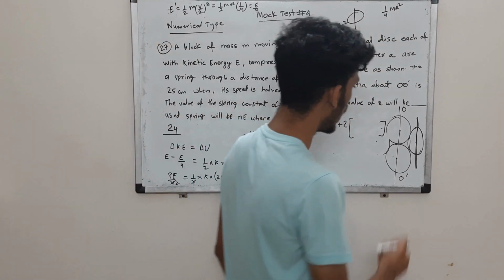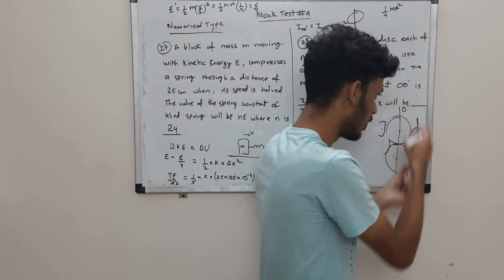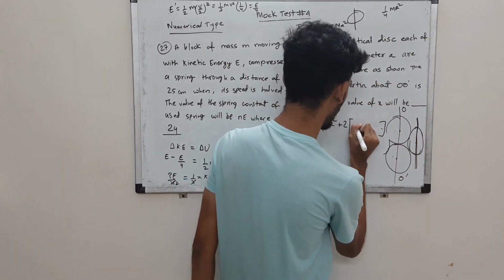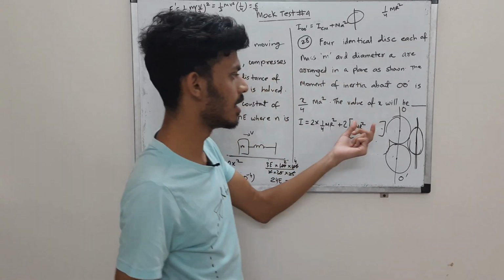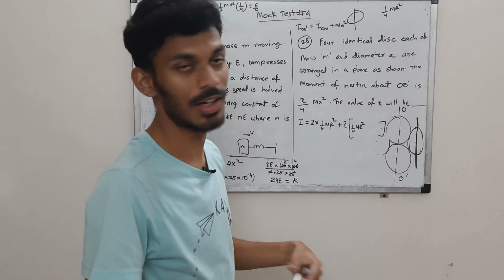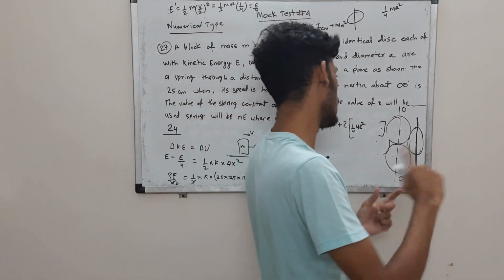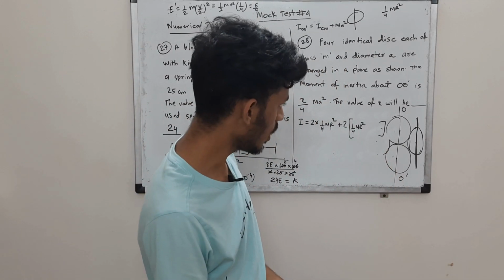The moment of inertia about the center of mass, along the diameter, is 1/4 m r square. Finally, we'll convert r to a.